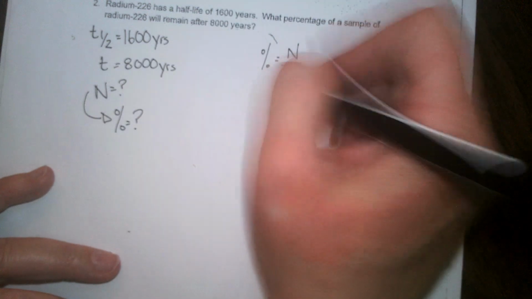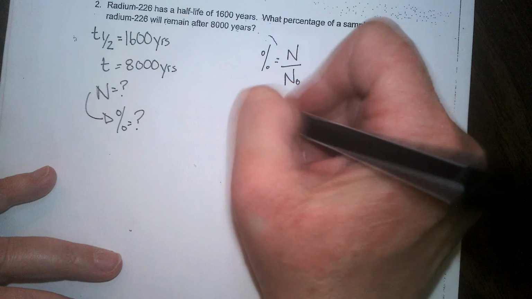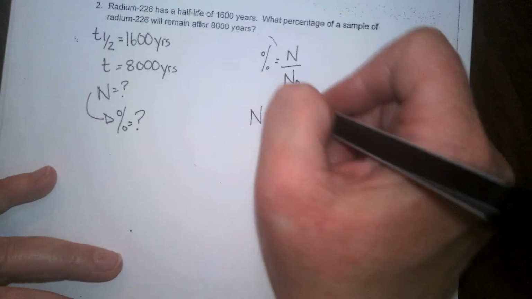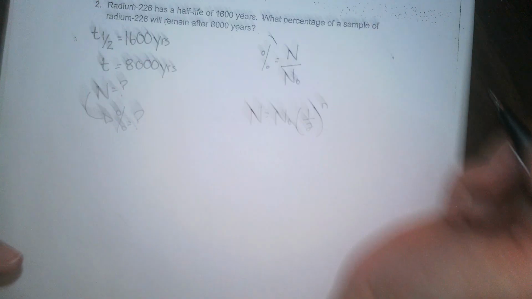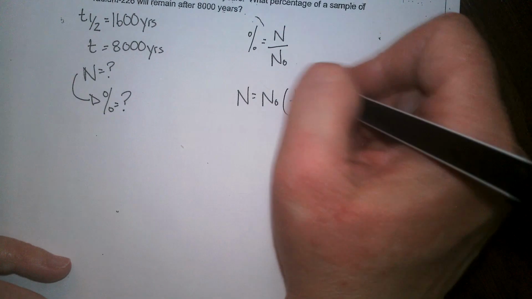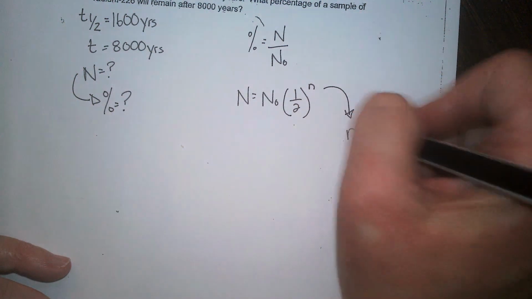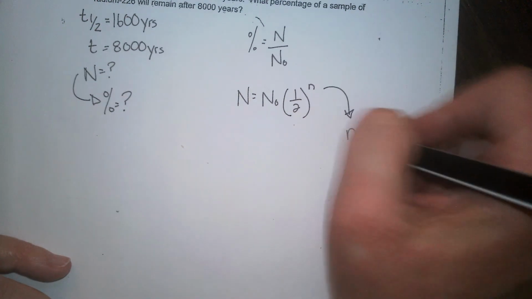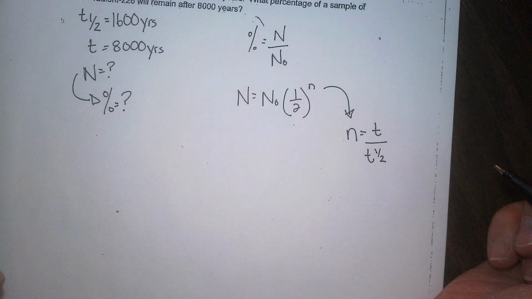These two values here come from N is equal to N naught times a half raised to some power of n. n we don't have. n is equal to T over T to the 1/2. Okay?